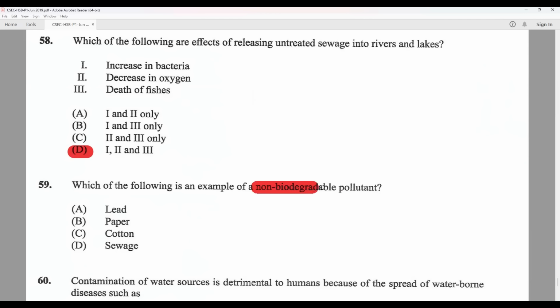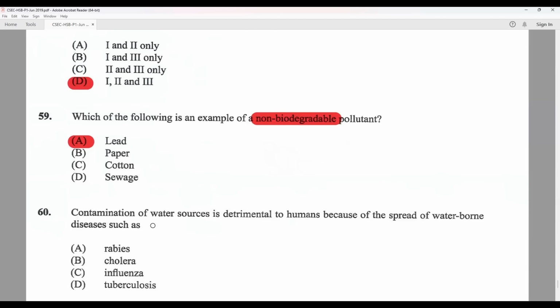Lead, paper, cotton, sewage, and we are going with lead. Remember, it's non-biodegradable. Paper, cotton, and sewage are all biodegradable.